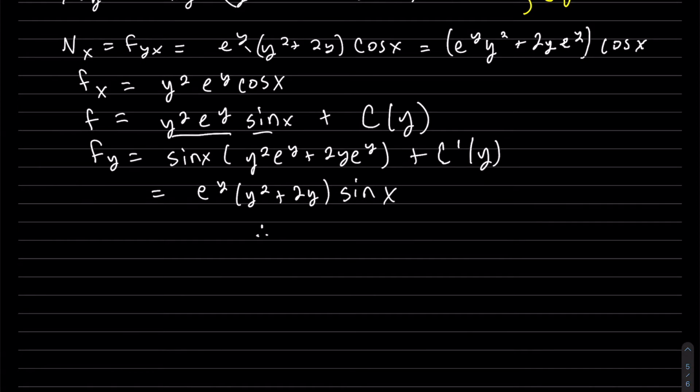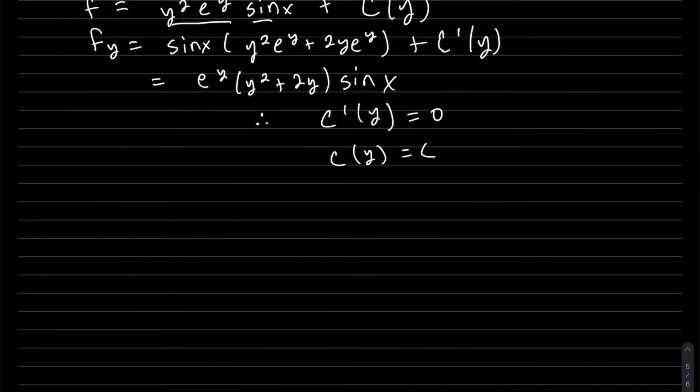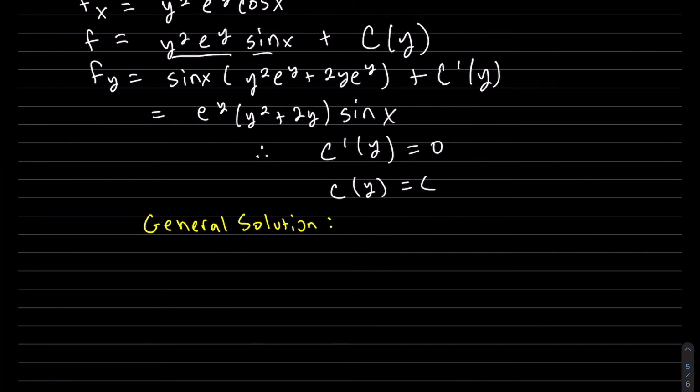So therefore, c prime of y has to equal 0. C of y is a constant. So our general solution is this, but c of y is equal to a constant. And that comes over there and makes a new constant.